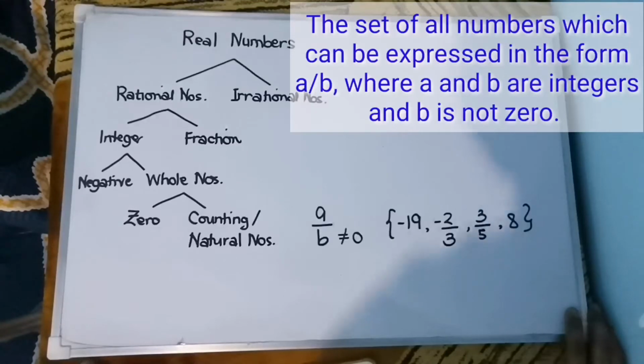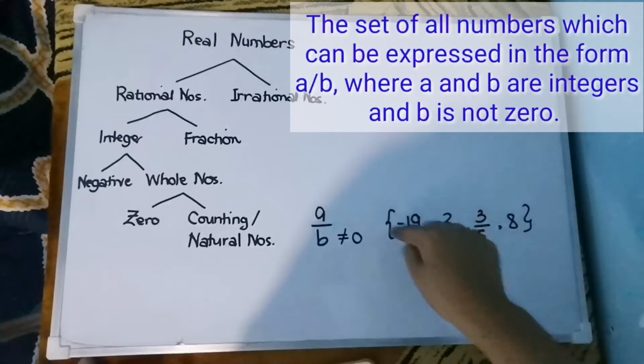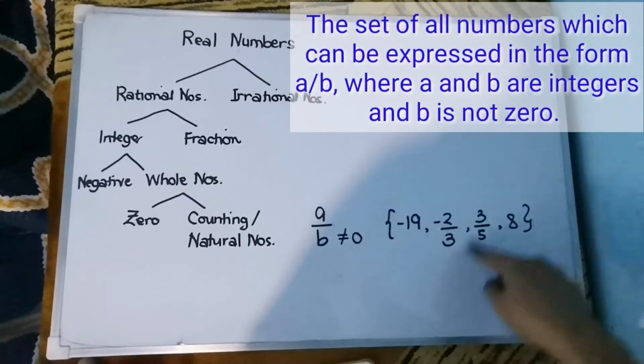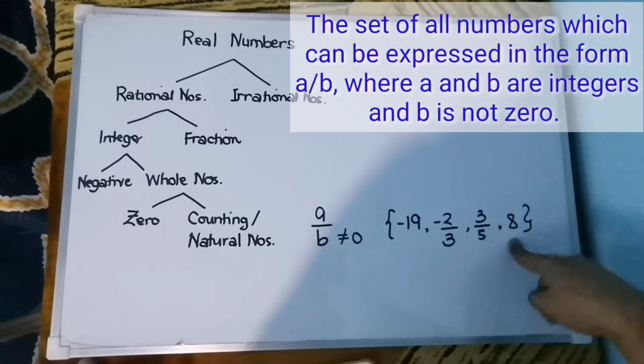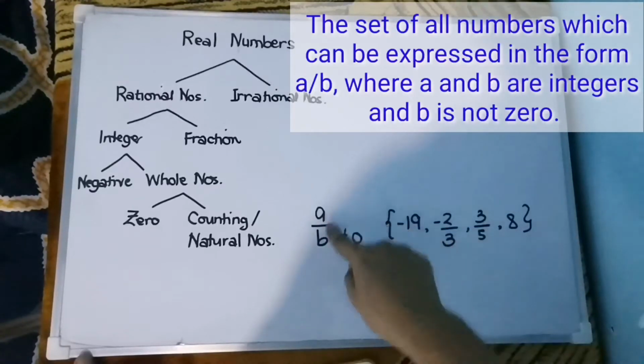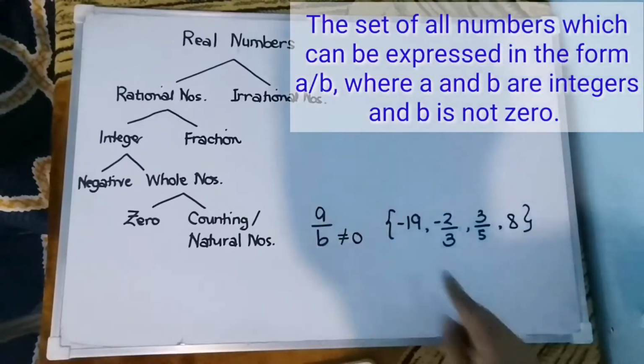So, wherein our B is not equal to 0. So, negative 19, so wherein ang ating B ay positive 1. So, it is understood na kapag whole number ito, ang kanyang denominator ay 1. So, negative 2/3, and then 3 over 5, and we have here 8. So again, when we say rational numbers, it can be expressed in the form of A over B, wherein B should not be equal to 0.